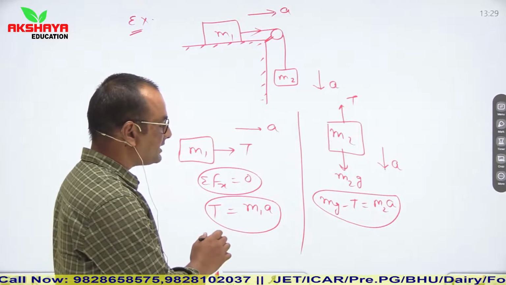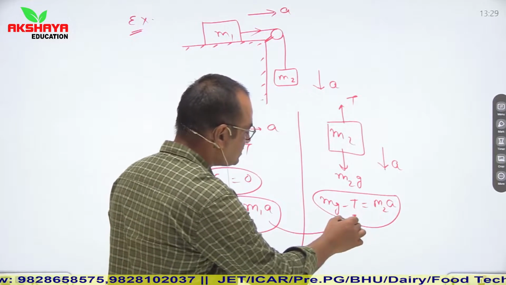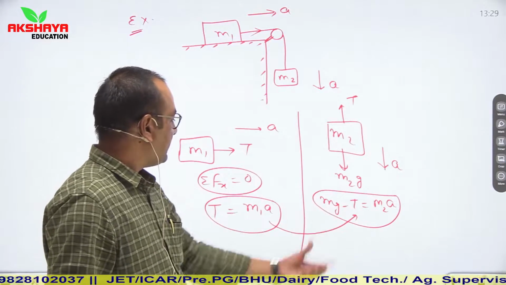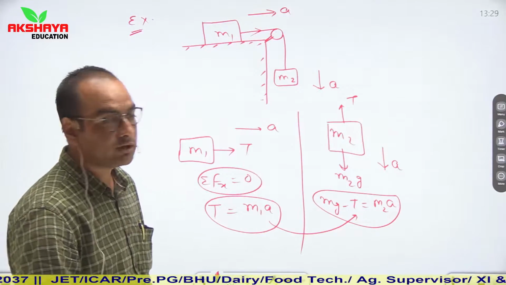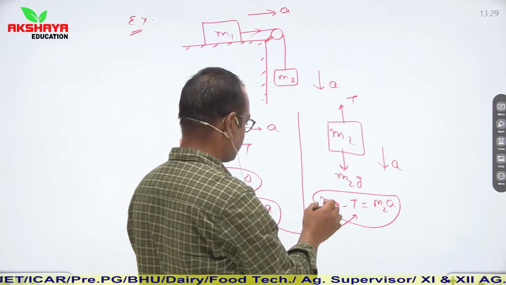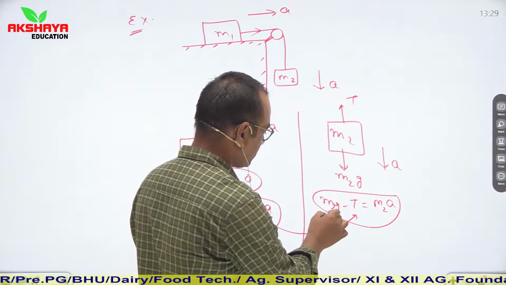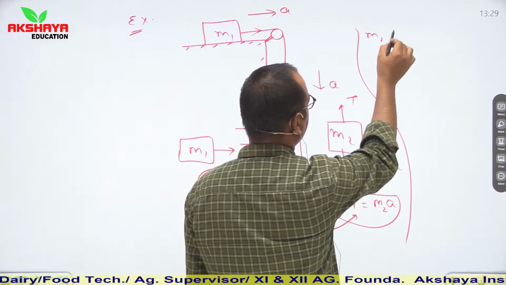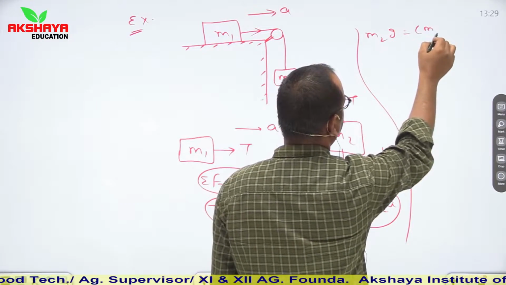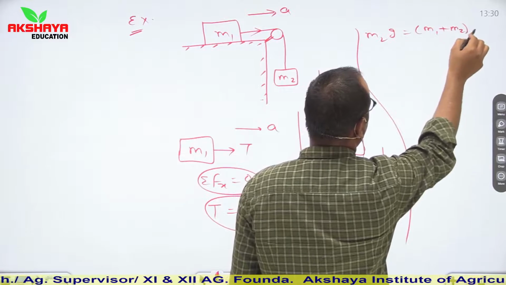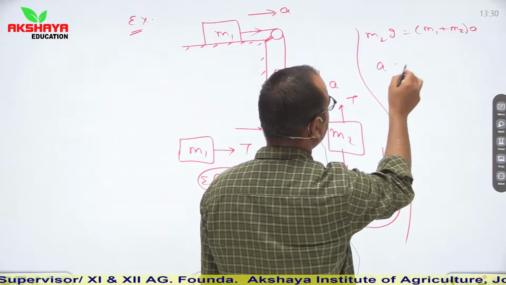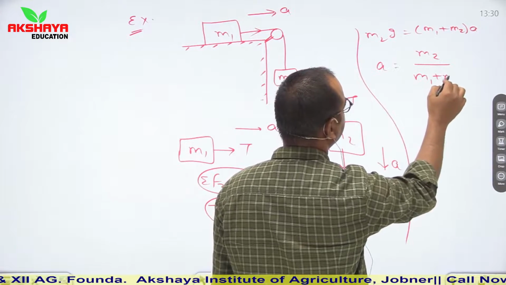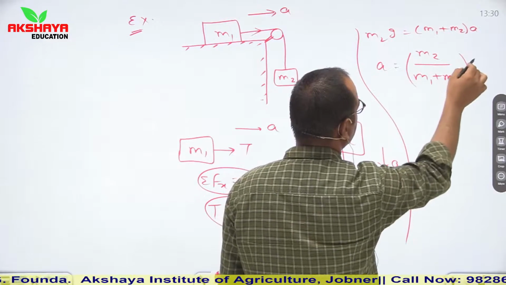So if we calculate net acceleration, then add these two equations. So tension will be removed. So here it is M2g minus M1A is equal to M2A. So you can say that M2g is equal to (M1 plus M2) into A, or you can say that net acceleration is M2 upon (M1 plus M2) into g.